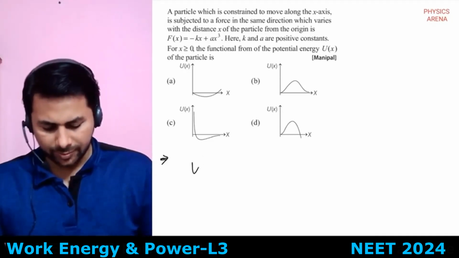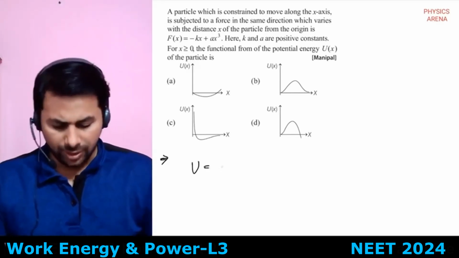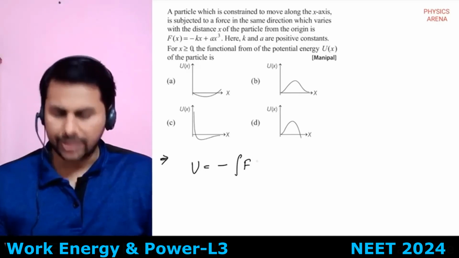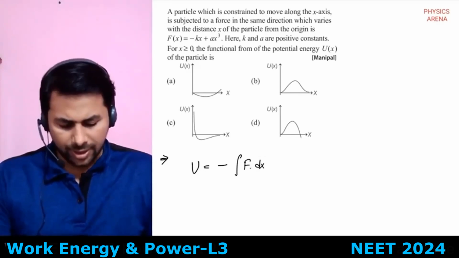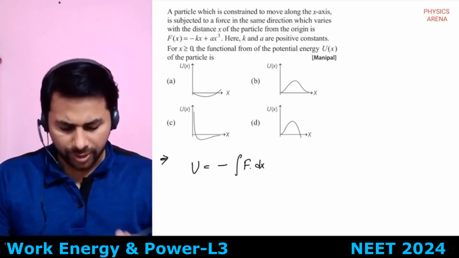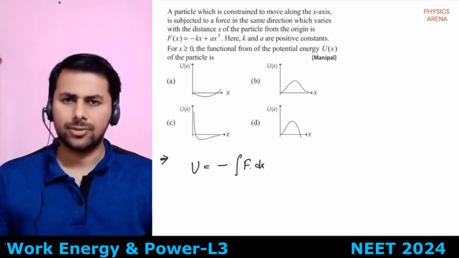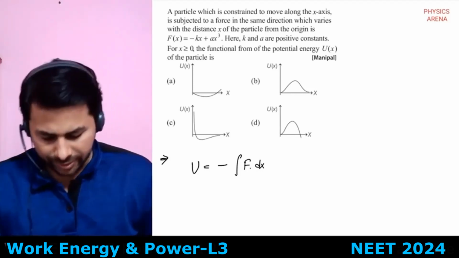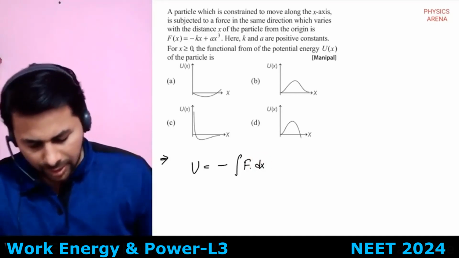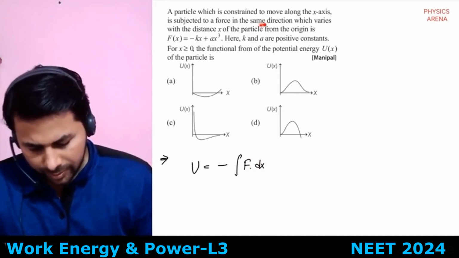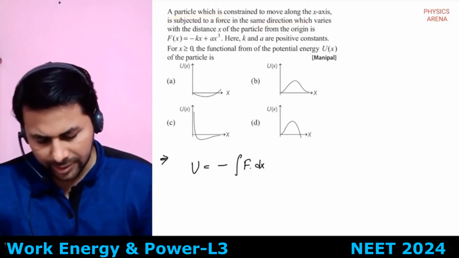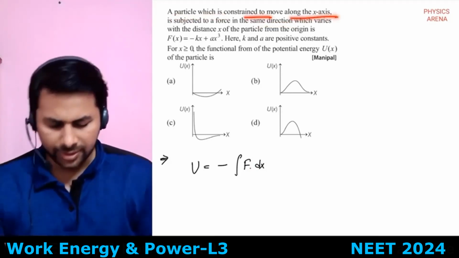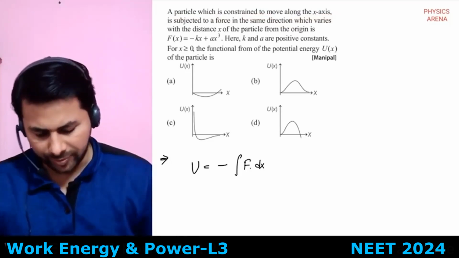Potential energy is just equal to minus the integral of the conservative force dot dr. Here it's a function of x only, so we'll have dx only. The particle is constrained to move along the x-axis, so it will move along the x-axis only.